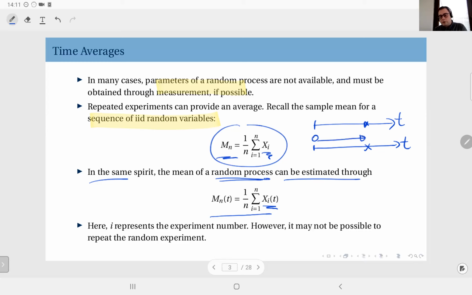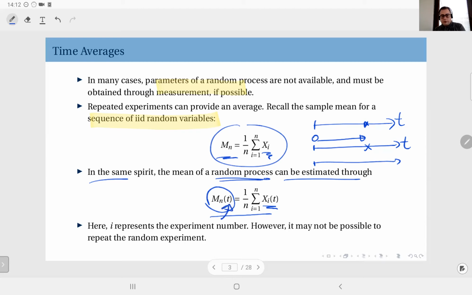Then you record that value, that becomes x2(t), whatever that is, and then you repeat it, x3(t), x4(t), etc. So you repeat this n times, and then take the average of your observations. That will give you a sample mean for the expected value of this random process at time t.